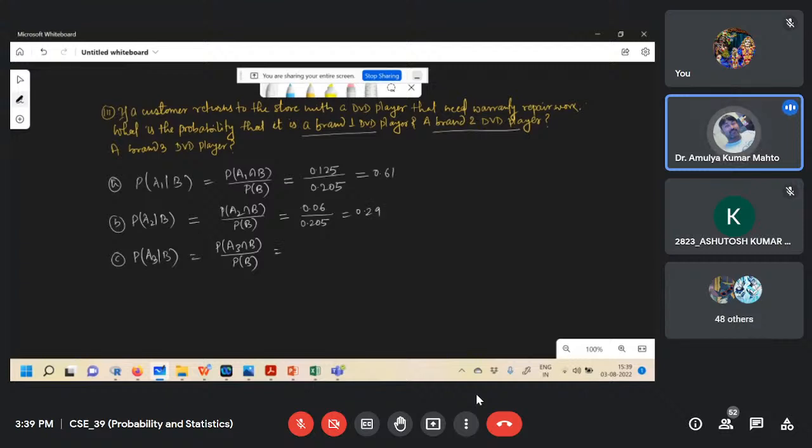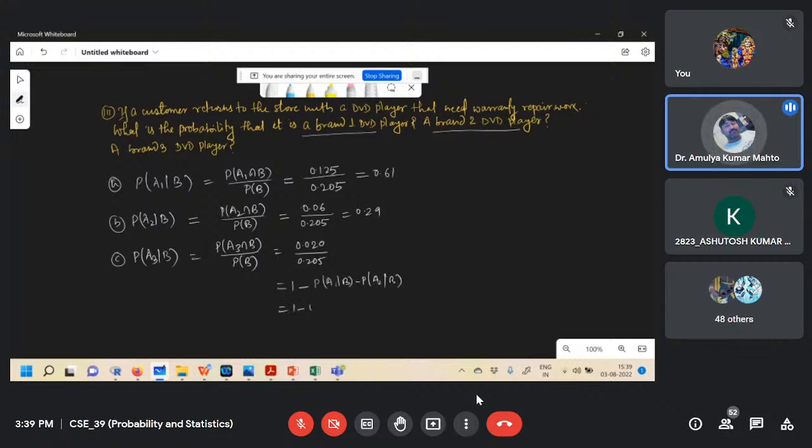This part, either you can use the same method that I have used for this one. I have used that value as 0.020 by 0.205. Or what you can do is 1 minus these two. Can we do like this also?